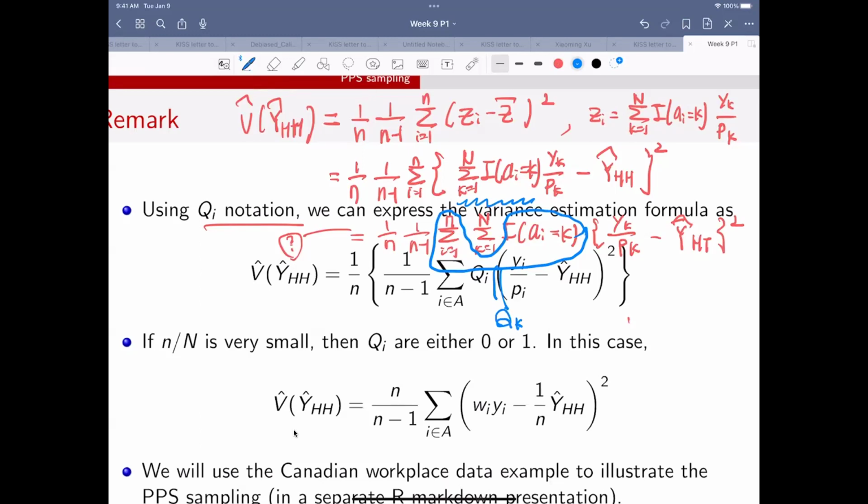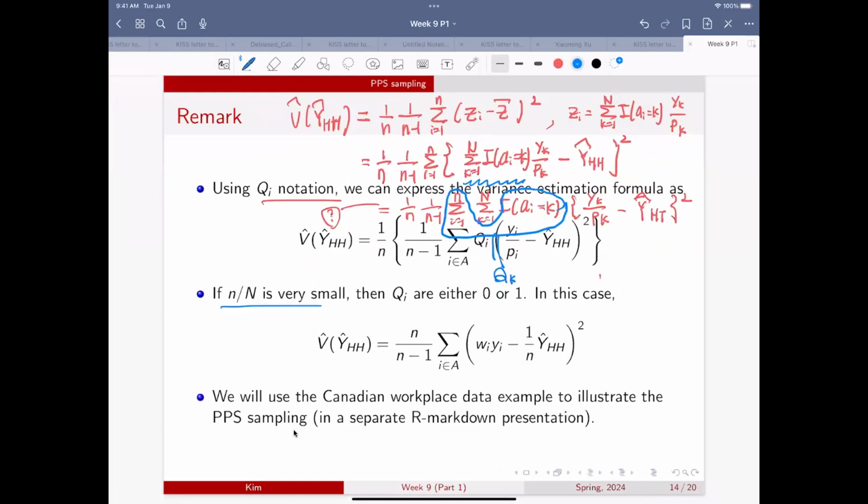And then once you are convinced with this result, you can write it this way. So basically if qi are only either 0 or 1, that will happen if this is very, very small, right? If the population is really large, the chance of getting duplication is really low. So qi can be either just 1 or 0. So in the sample there will be just 1.